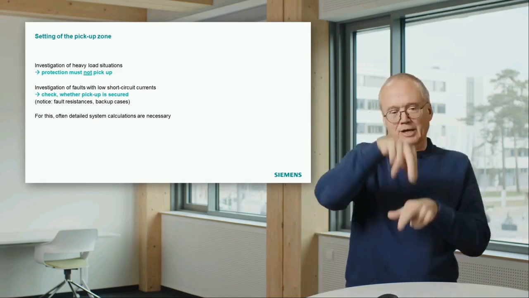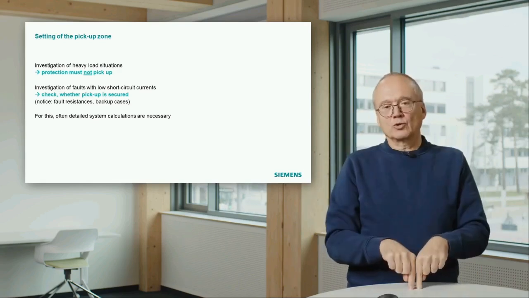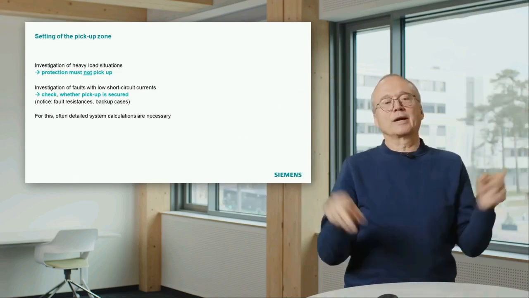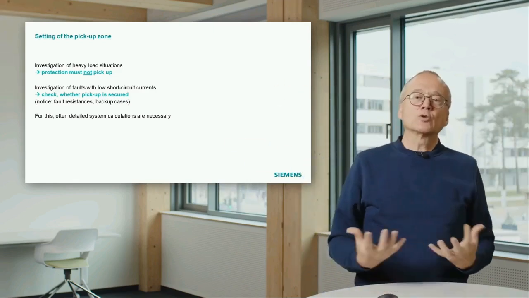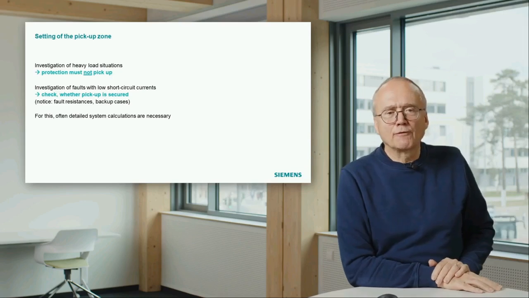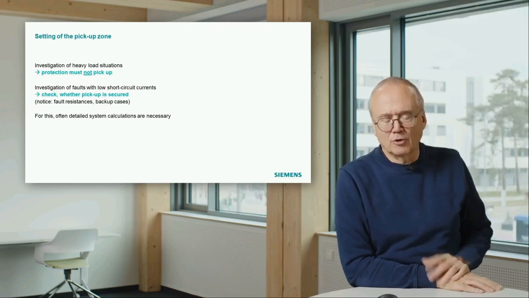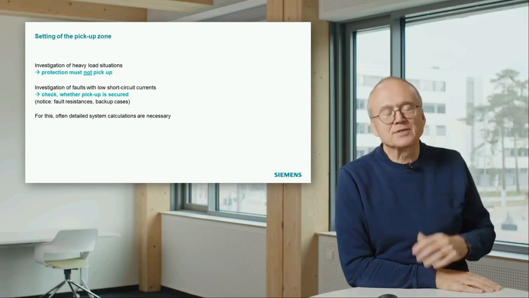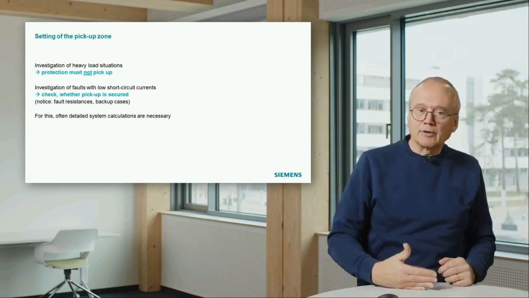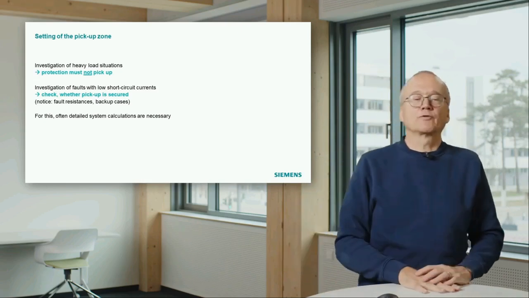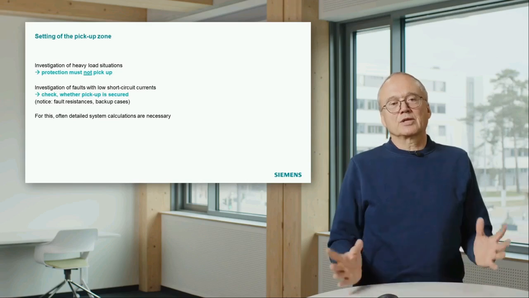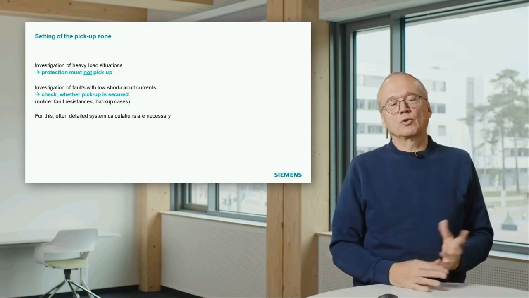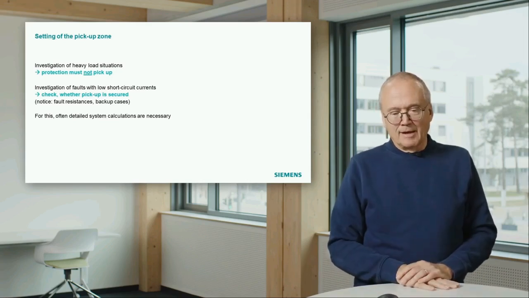And then the current goes down into the tower and via the earth wire also to the other towers. You can make an estimation of the resistance in these paths, and from that you can derive your settings of the pickup zone and of the other zones.